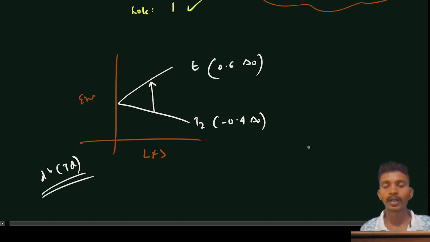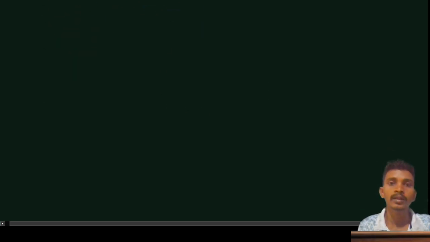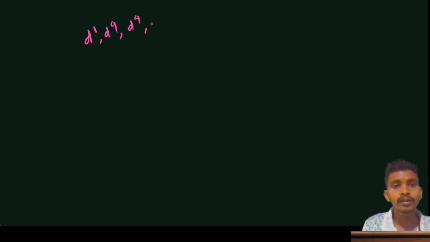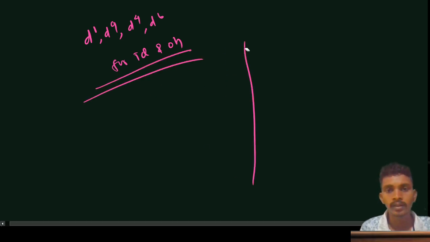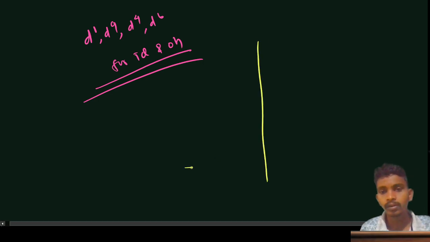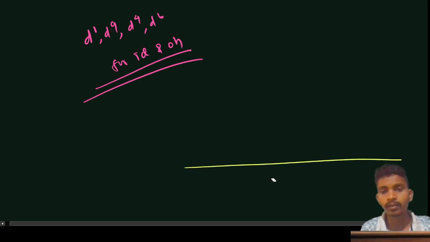Okay, so I am giving the whole concept in one page, that whenever the transition is occurring for D1, D9, D4 and D6, for tetrahedral and octahedral cases, what we have to do is that the Orgel diagrams will be in this manner. If you look at it, you will get that.